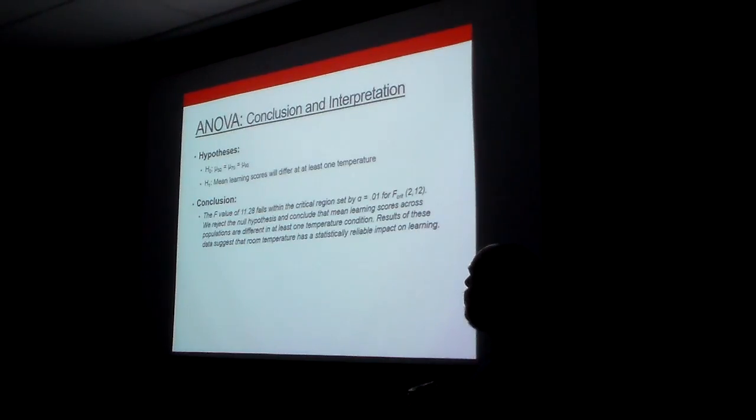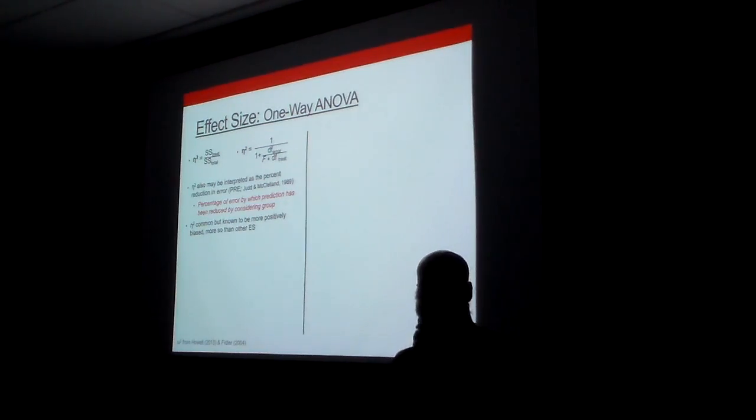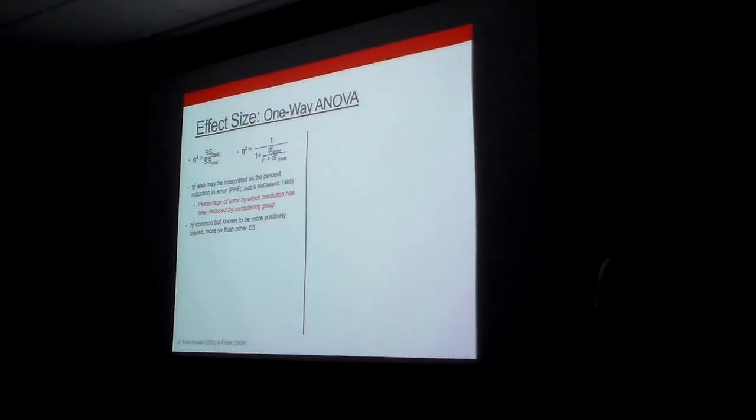So, effect sizes. Oh yeah, John. Just to say quickly about the interpretation, there's no directionality to it, at least so far? No directionality. I'm just saying there's a pony in there somewhere, and I don't know where it's at. The data suggests that at least one of these things is different from one of the other things.